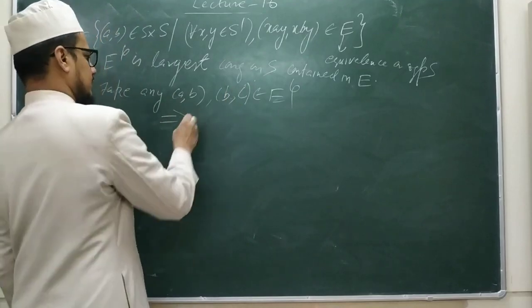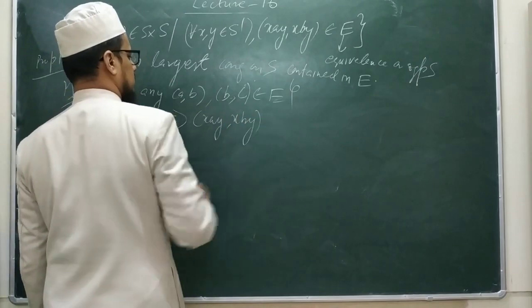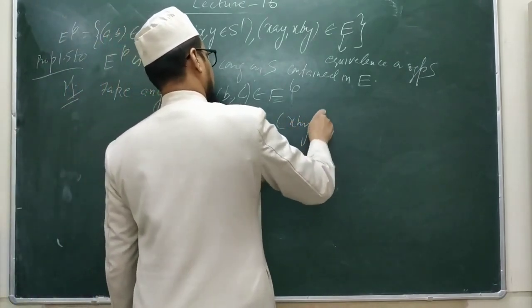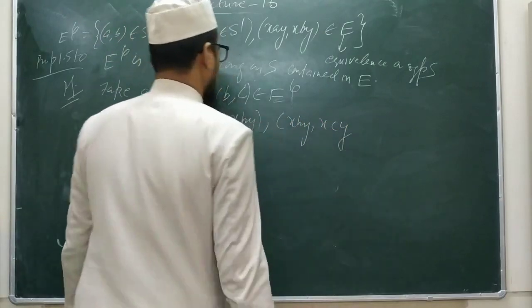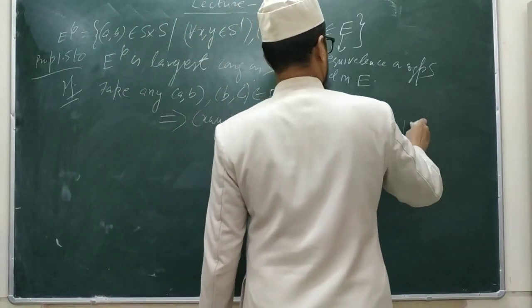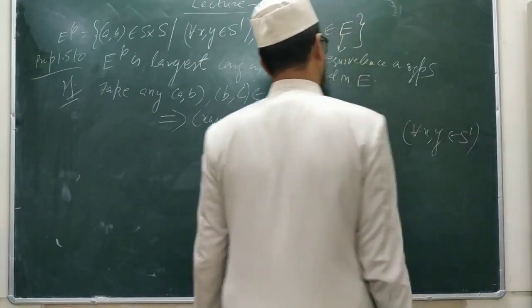It implies that XAY, XBY and XBY comma XCY both go in E for every X, Y belonging to S1.